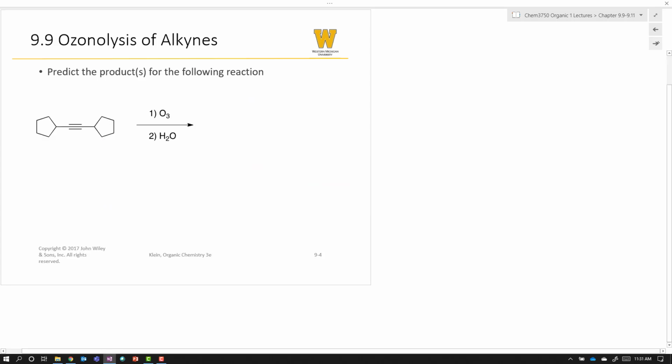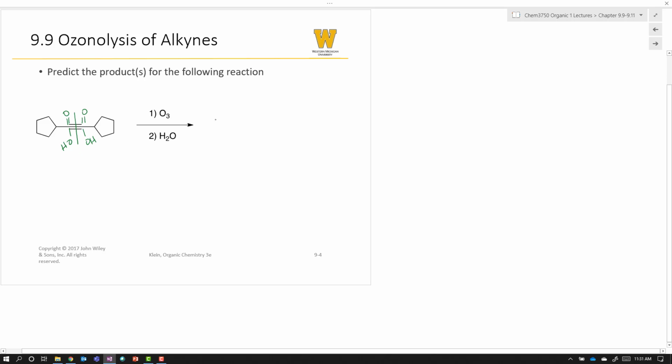You do have the case where you have a very symmetrical alkyne. So again, let's predict the products of this. You have ozone and water being added, and so that means I'm adding an oxygen double bond to that carbon with an OH, and then the oxygen double bond onto that carbon and another OH.